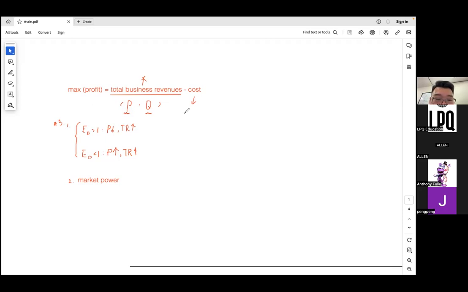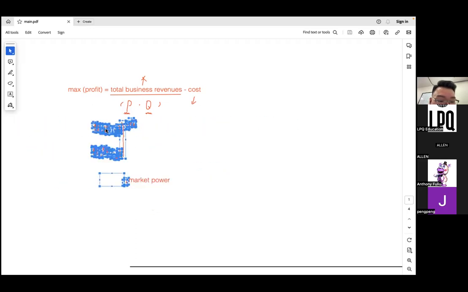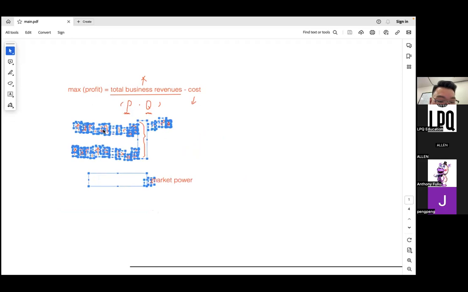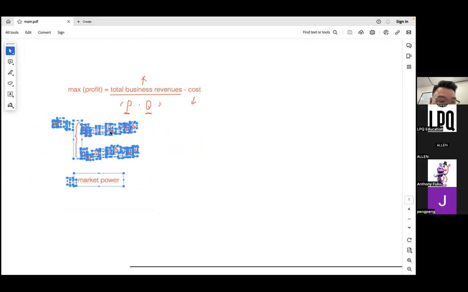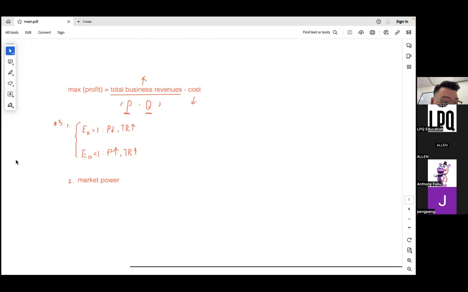Does a higher level of production quantity always lead to a higher level of business revenue? Yes or no? The answer to this question should be no.